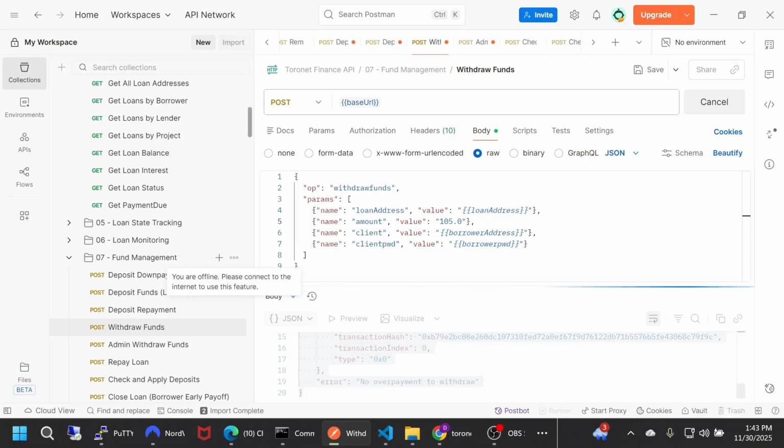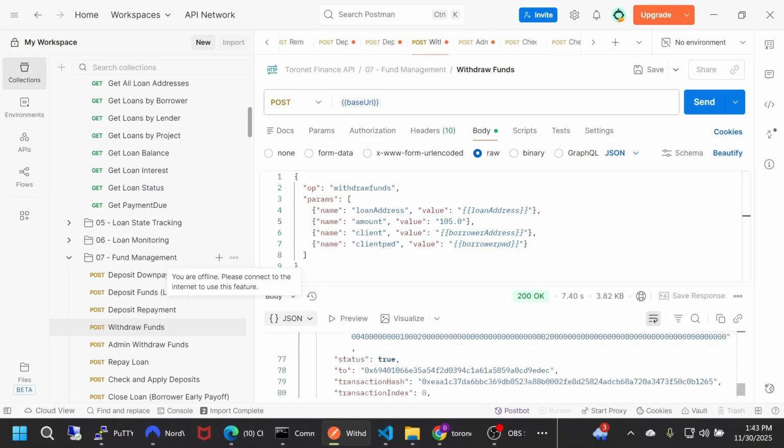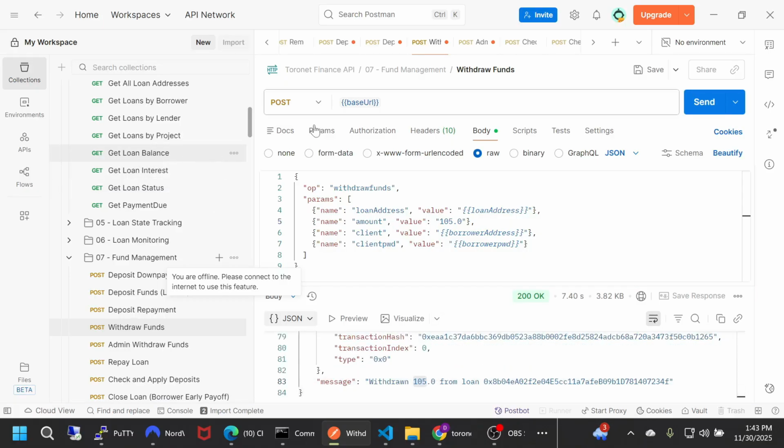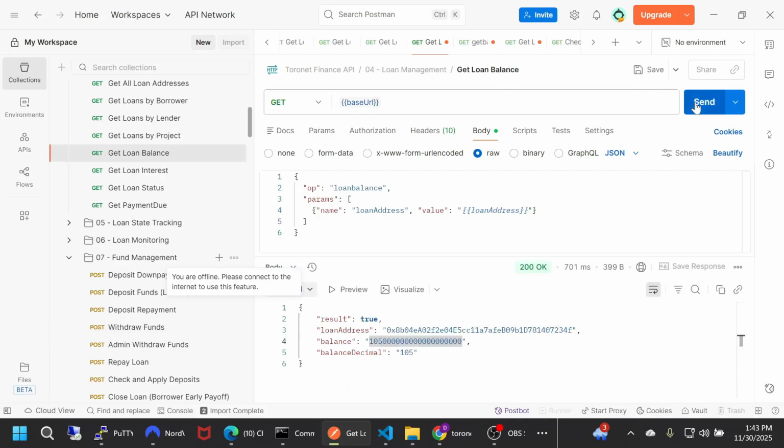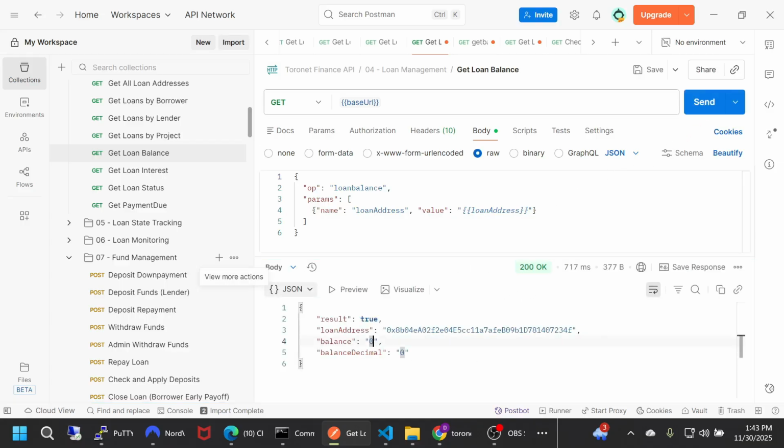So now the borrower is withdrawing. Okay, so the borrower has withdrawn the loan amount, and the balance of the loan should now be back to 0. And now the borrower has time to utilize the loan for the purposes that they wish to.